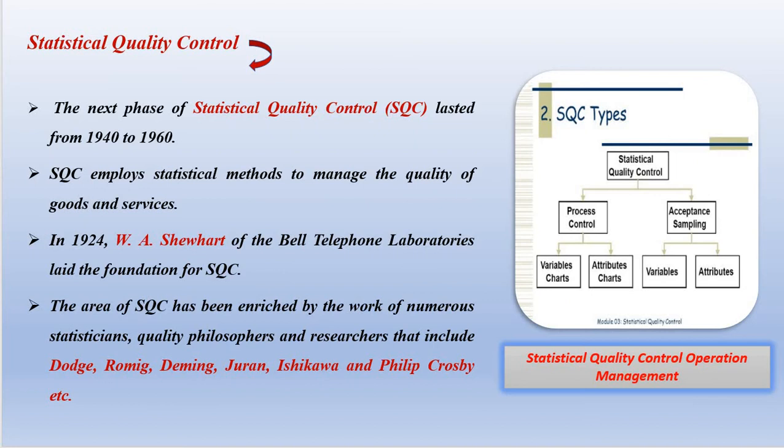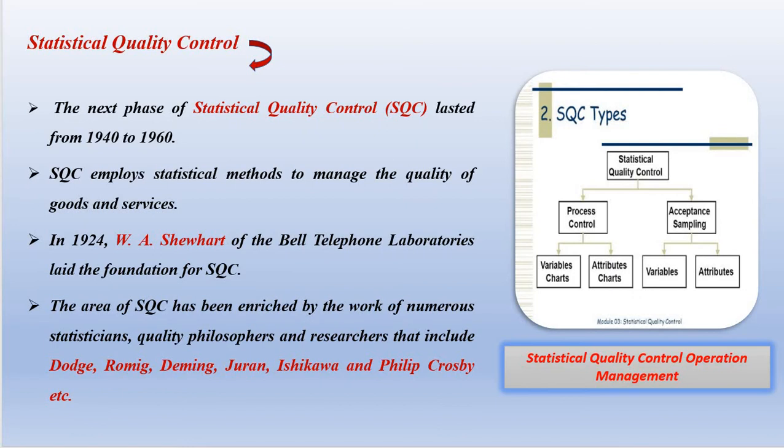Then it is statistical quality control, which lasted from 1940 to 1960. The period from 1940 to 1960 was classified as the SQC phase. SQC means statistical quality control. However, the history of modern SQC dates back to 1920. In 1920, AT&T Bell Laboratories formed a quality department emphasizing quality inspection, testing, and product reliability.